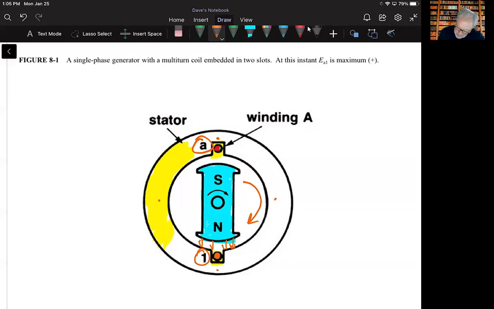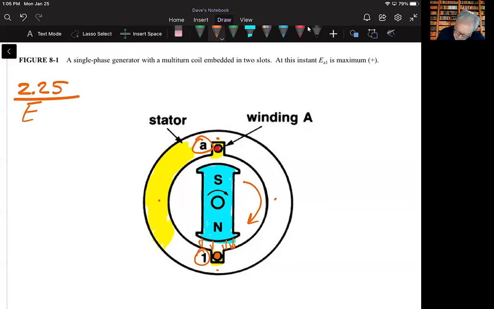And we can actually quantify this, going back to equation 2.25.